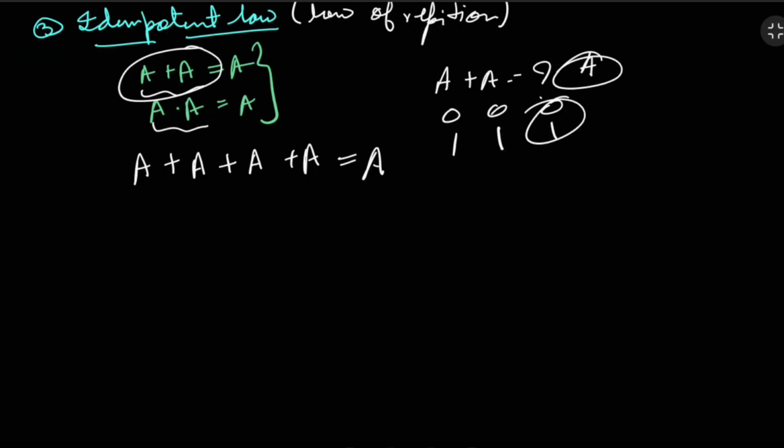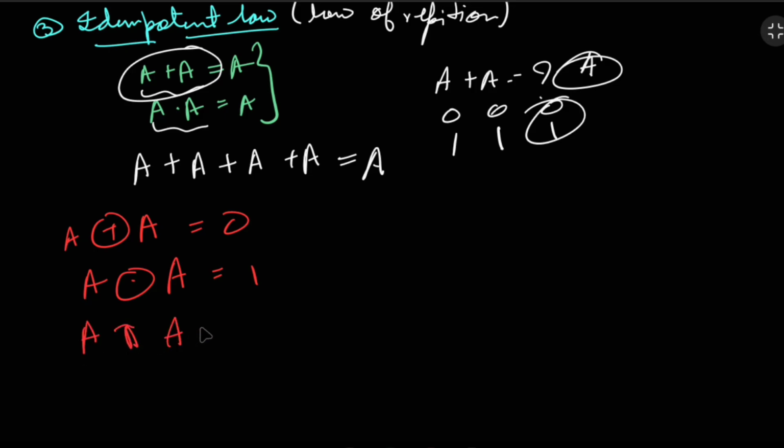Now what do you think, A exclusive or A? When you have same things, then it will be 0. A exclusive nor A is 1. Then what is NOR? NAND and NOR are complements. NAND is AND followed by complement, NOR is OR followed by complement.